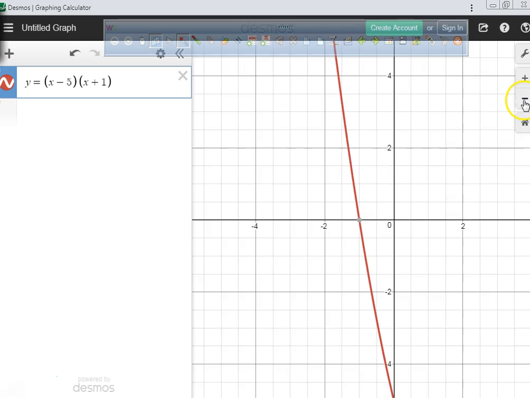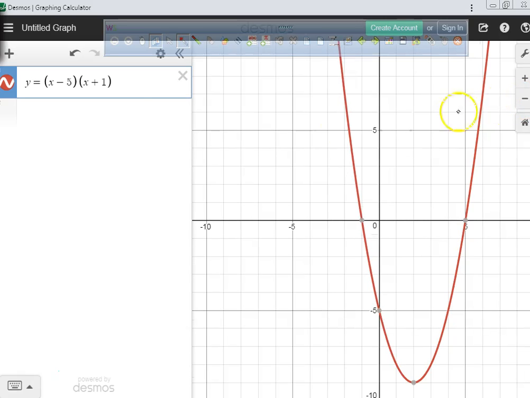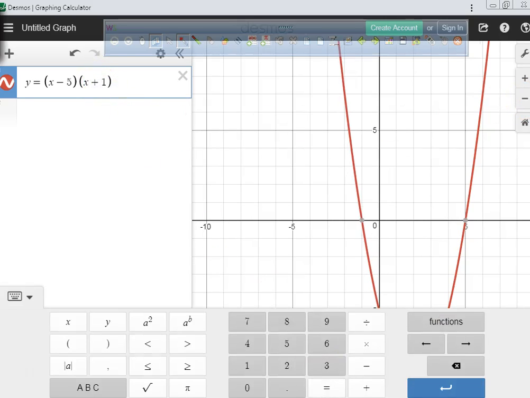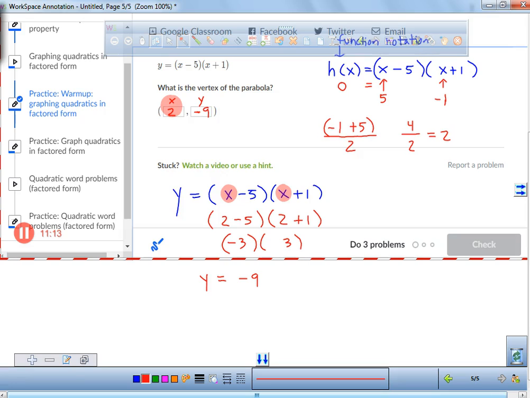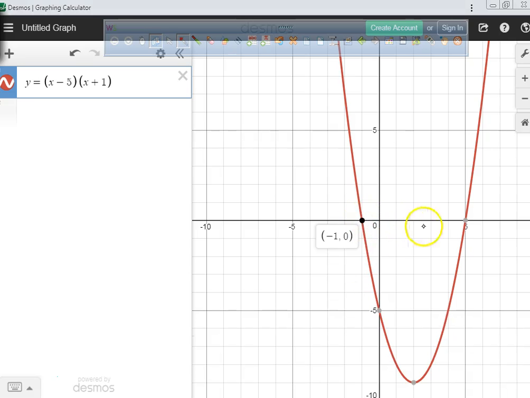I have to zoom out. It was x minus 5, x minus 1. Oh, is it x minus 1? No, it wasn't. It was x plus 1. See? x plus 1. So -1 and 5 were my roots. See, look. -1 and 5 are my solutions.